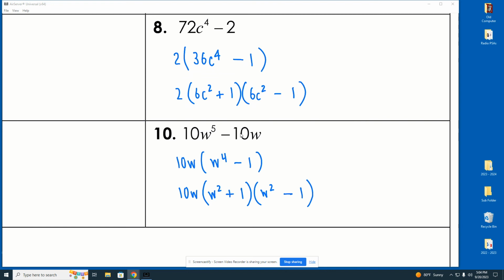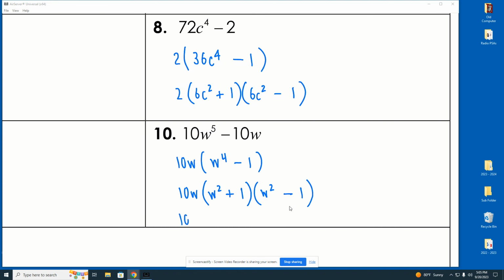Now, the reason I wanted to show you this one real quick is because now that we're dealing with bigger polynomials, sometimes like this, I'll factor it, and then I'll recognize that something else could be factored again. Notice, right here, that's difference of two perfect squares. So I factored difference of squares only to get one of these to be difference of squares again.